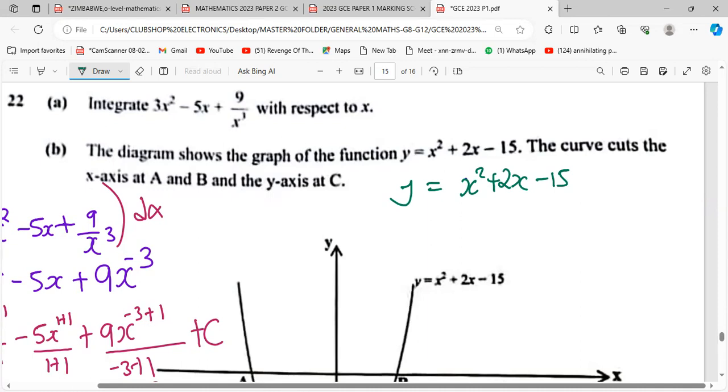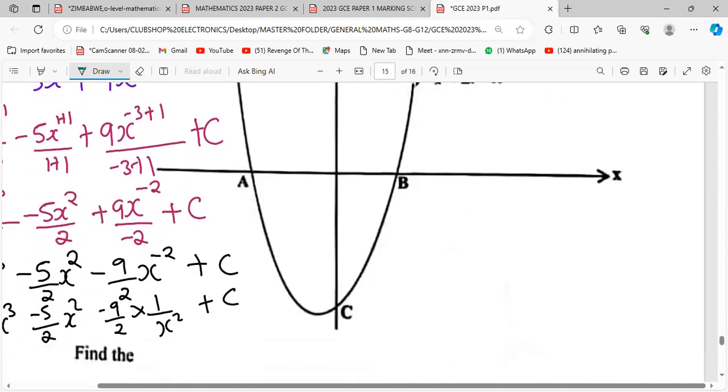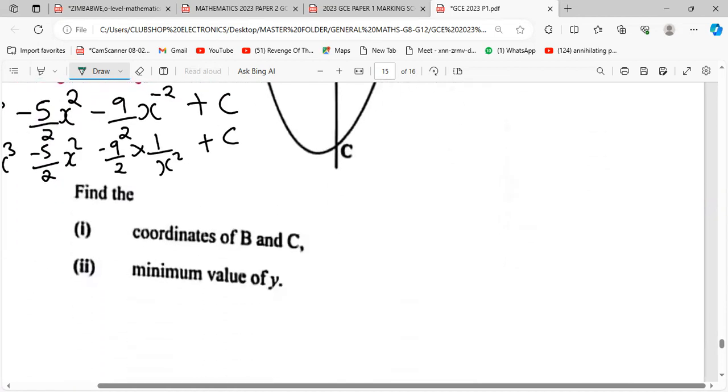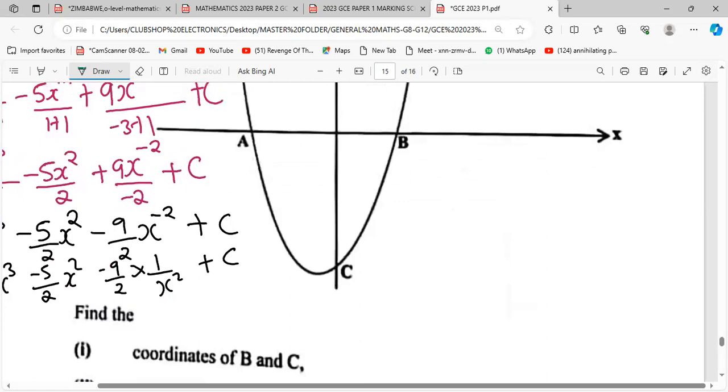The curve cuts the x-axis at A and B, and the y-axis at C. Find the coordinates of B and C.